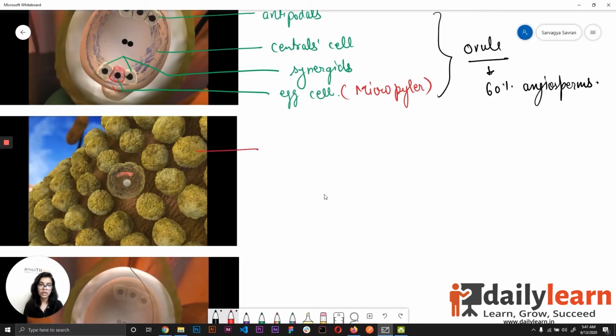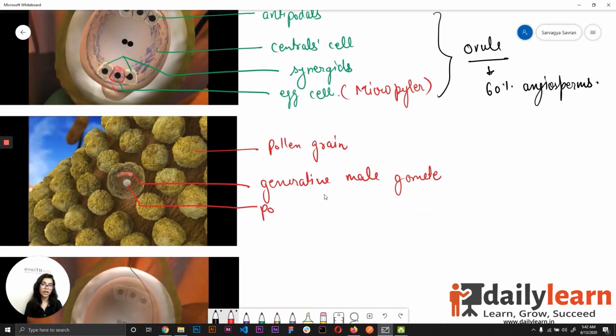So you see, these are the pollen grains which are present in the anthers, and these pollen grains will have the generative nucleus or the generative male gametes, which will be forming the zygote after the fertilization, and this is the pollen tube nuclei. Now see, the pollen tube nuclei is very big and it makes most of the part of the cell, and it is responsible for the generation of the pollen tube through the entire length of the stigma, right?